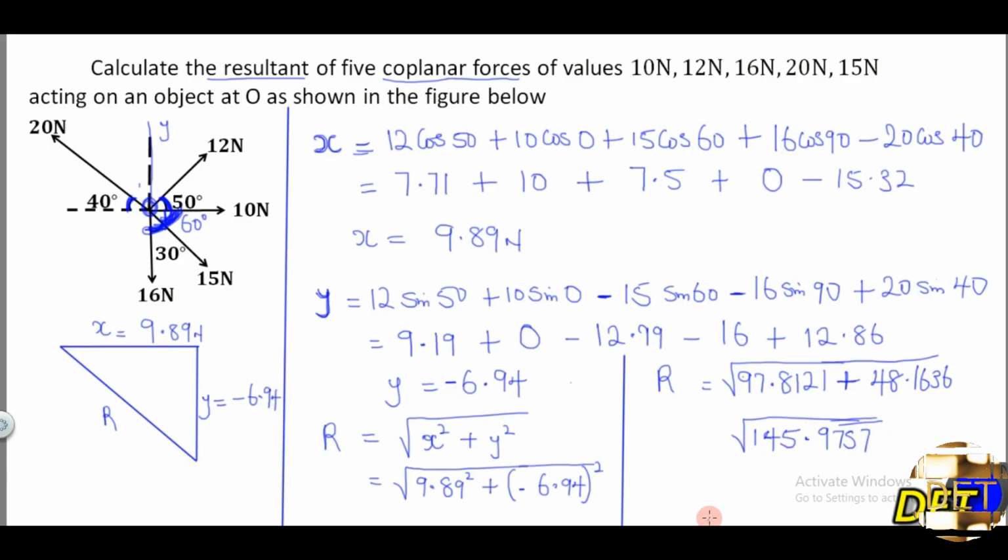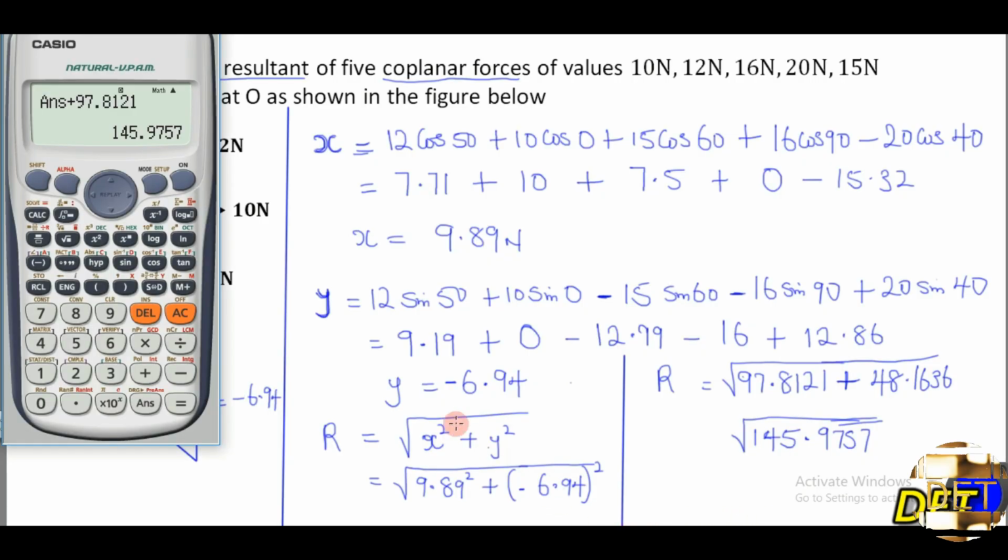The square root of 145.9757 will be equal to 12.1.